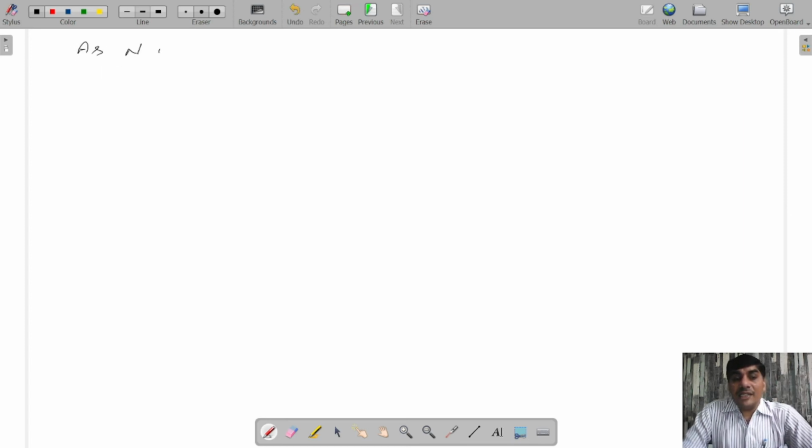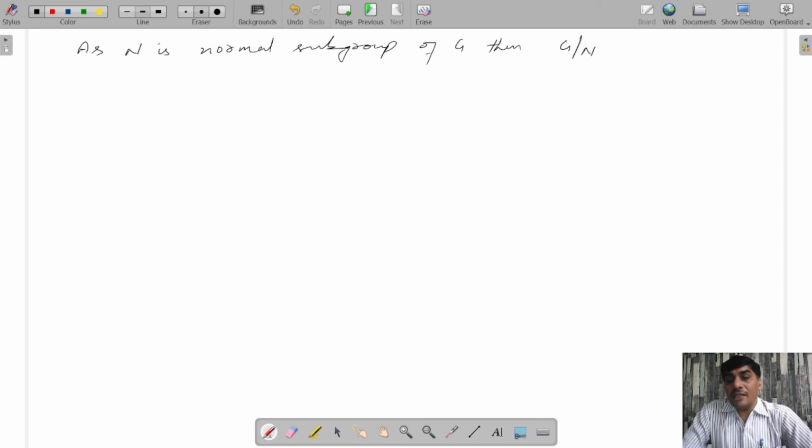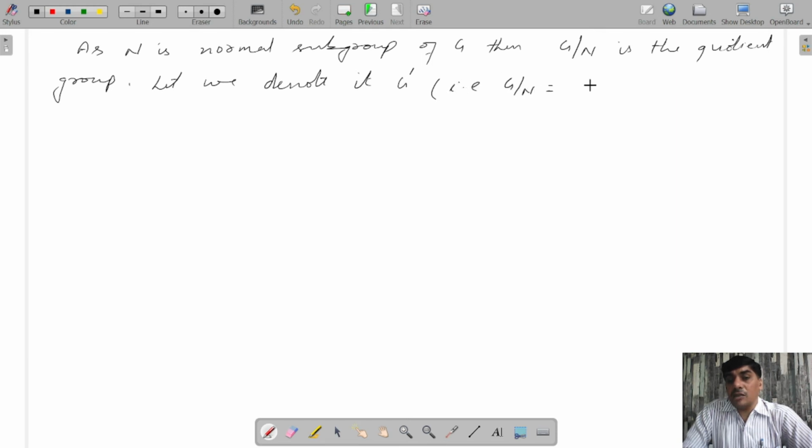As N is a normal subgroup of G, then G by N is the quotient group. Let us denote it by G dash, that is G by N is equal to G dash.